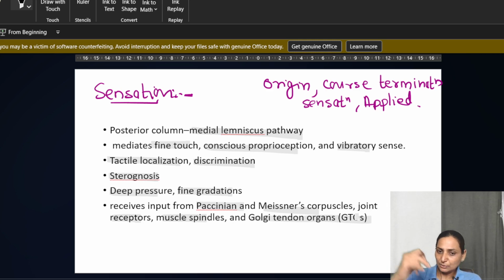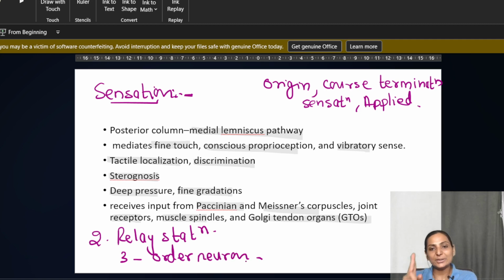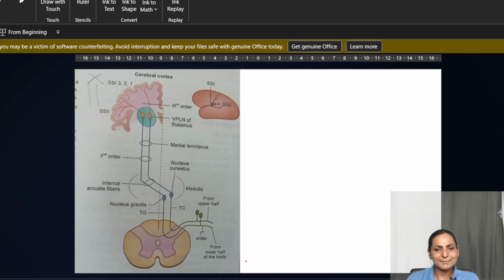Now these ascending pathways basically have two relay stations. They have two relay stations, and it is a three-order neuron pathway. Three-order neuron pathway and two relay stations. For example, let us make it simple. Now we are all in Nagpur.